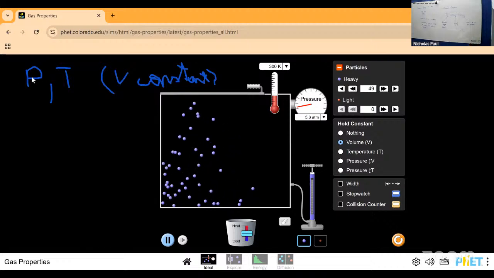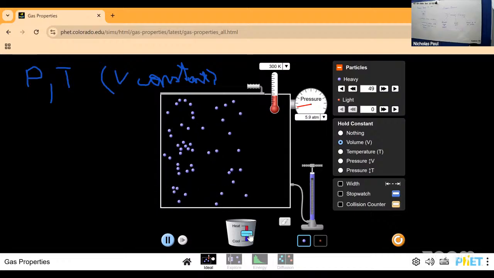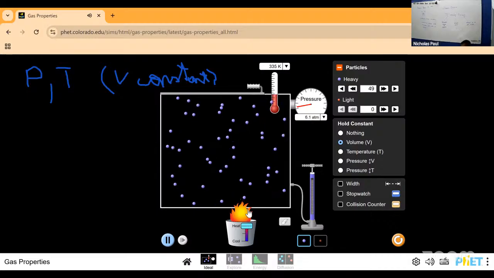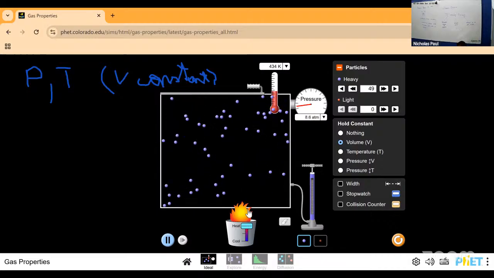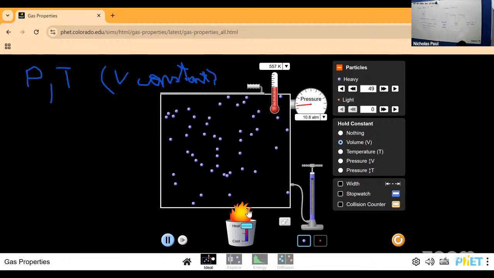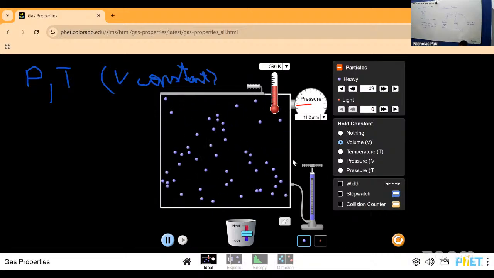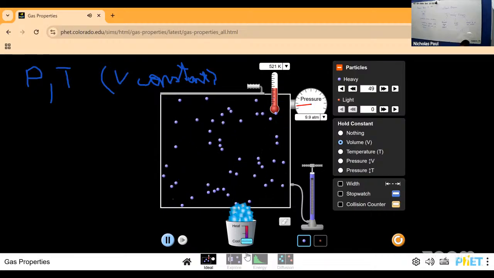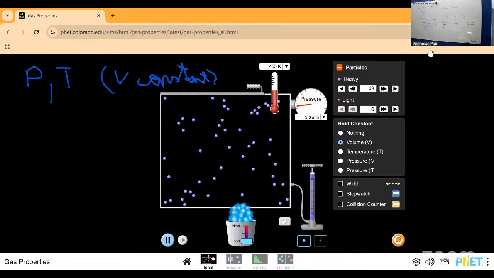We want to see how pressure and temperature are related, so I'm going to increase temperature. If I increase temperature, what is happening to the pressure? Going up as well, right? So how are they related? Directly so far. And if I drop temperature, pressure will also drop. Nice, so here's what we learn.